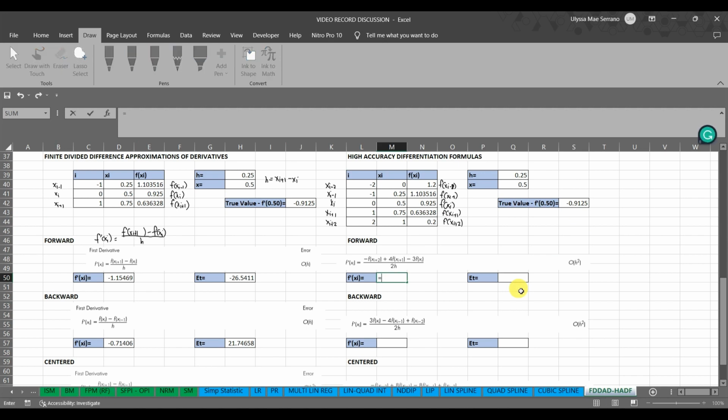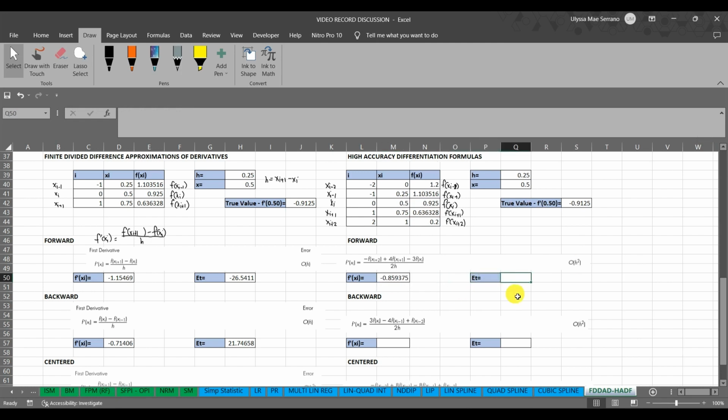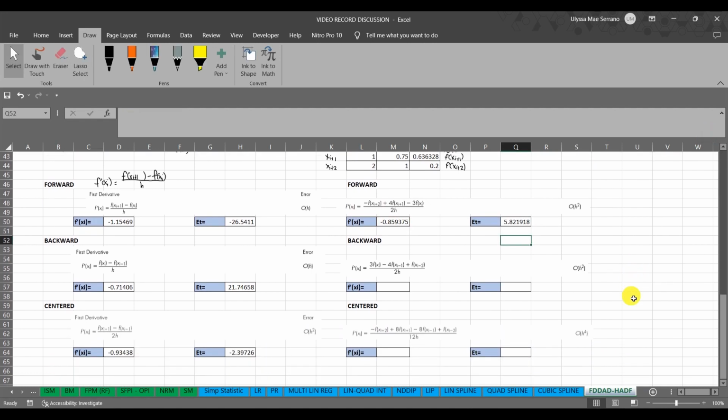So for the forward formula, we have negative f of x sub i plus 2, plus 4 times f of x sub i plus 1, minus 3 times f of x sub i, all over 2 times the step size. We will now have the value of negative 0.859375. For the true percent relative error, true value minus approximated value divided by true value, multiplied by 100, it will have 5.82% relative error with respect to the true value.